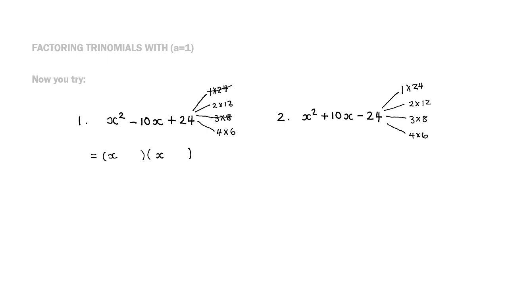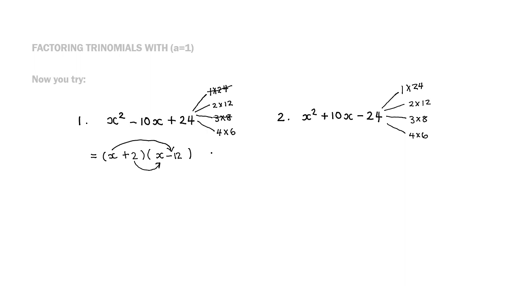If we look at 2 times 12, in order to have a negative 10x, we can have a negative 12, so negative 12 over here. So negative 12x plus a 2x, which will come from there, so plus 2x, and that will give you a negative 10x.